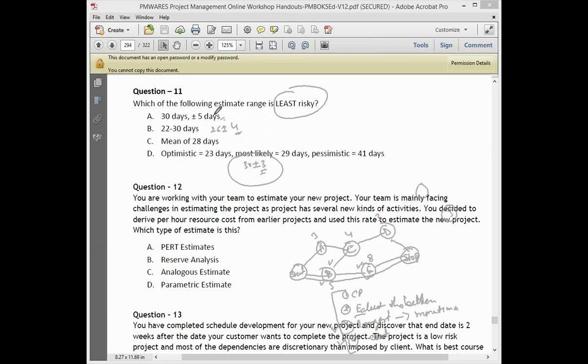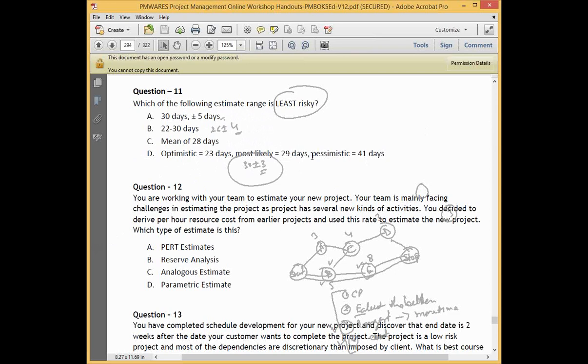But is it correct to go with the optimistic, meaning the accurate number? When we are giving option A, it's true, it's least risky, but we are giving a lot of time on this. That is why the deviation is high, like fluid.